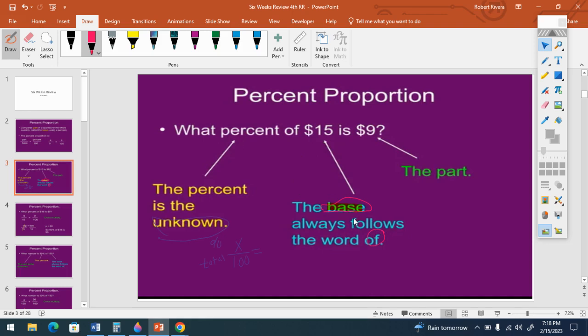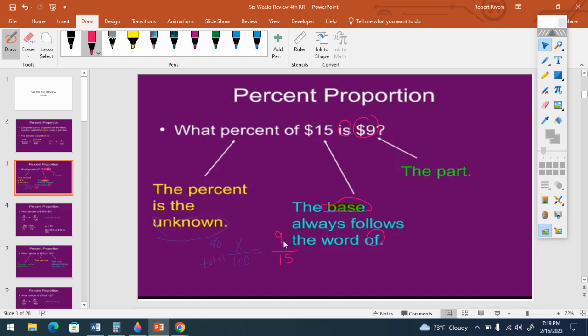So basically the base would be the whole, the total of the other one. Okay, so automatically I know that one's going to be on the bottom. And then in this case, $9 would be the part of the $15. So that means that would be the top. Once you know how to set them up, then it should be pretty easy.